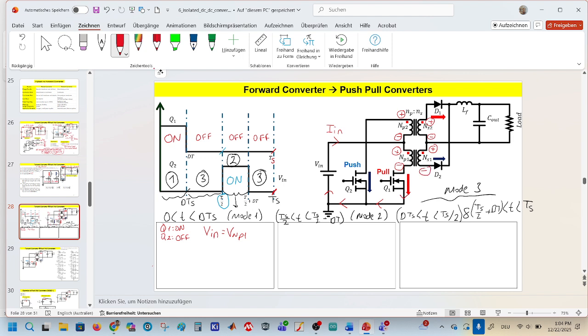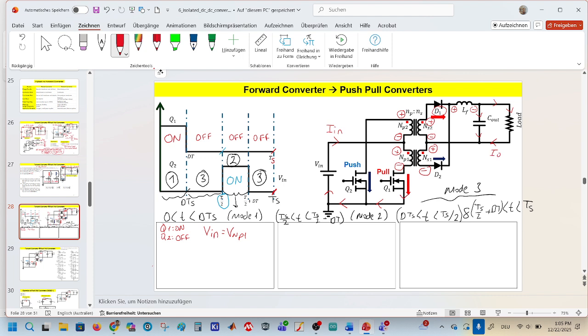That would mean that the flux is built up with the help of the input current, and on the other side of the transformer, on the secondary side, the current will flow on D1 as follows.